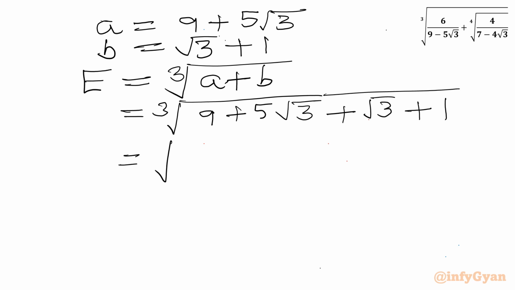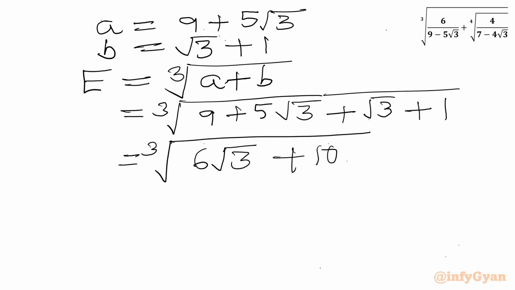So I can write cube root of 5 root 3 plus root 3, 6 root 3, 9 plus 1, 10. Now I will split 6 root 3 and 10 both. So I will write expression E equal to cube root of 6 root 3 plus 10.